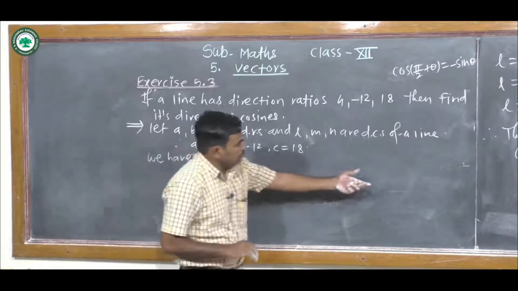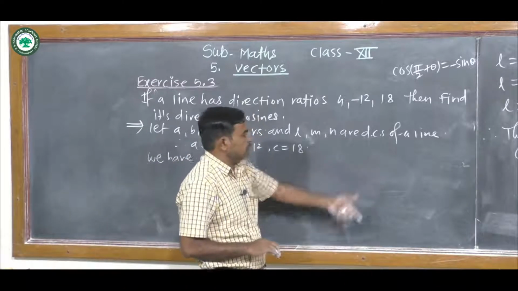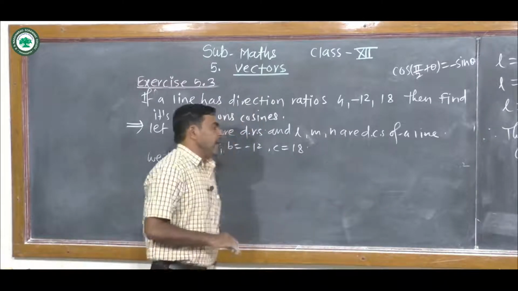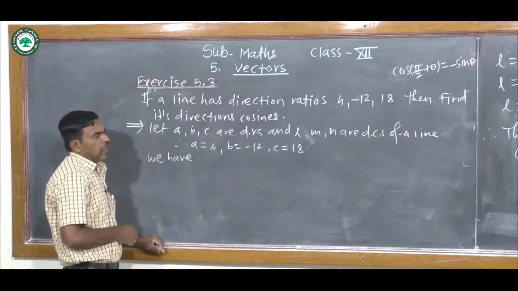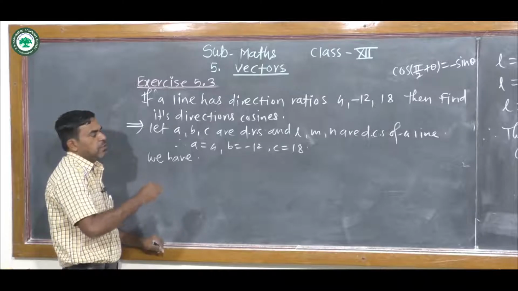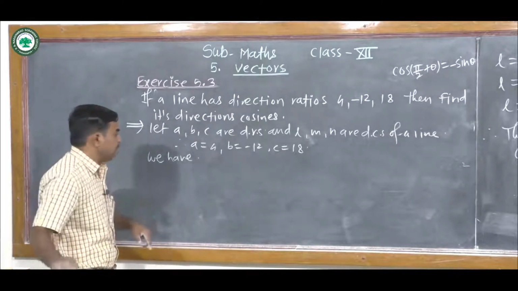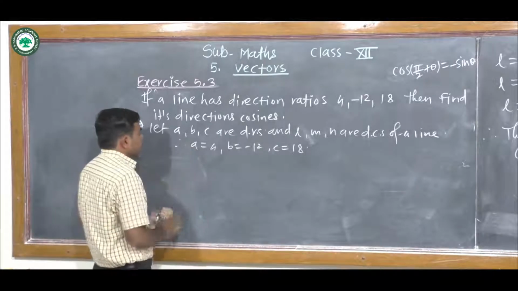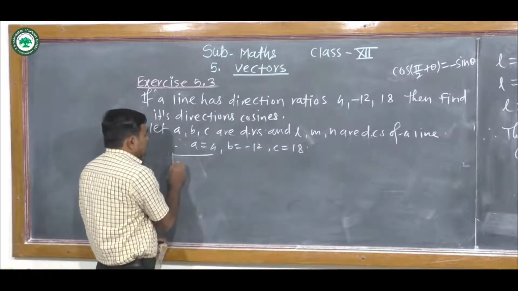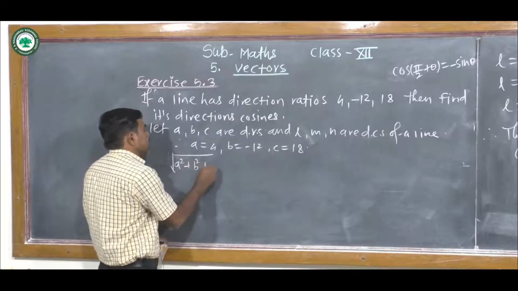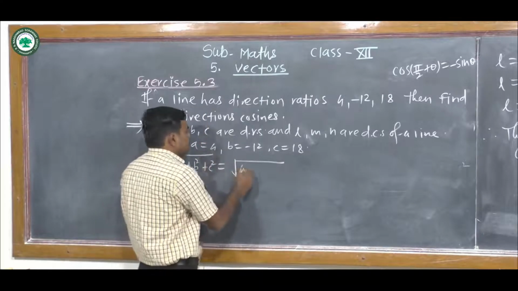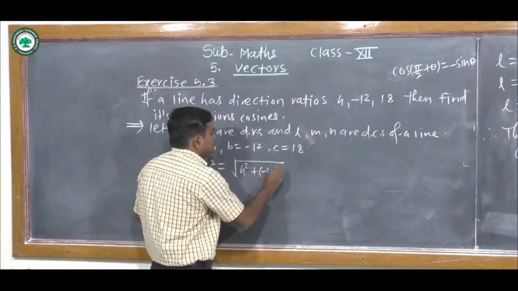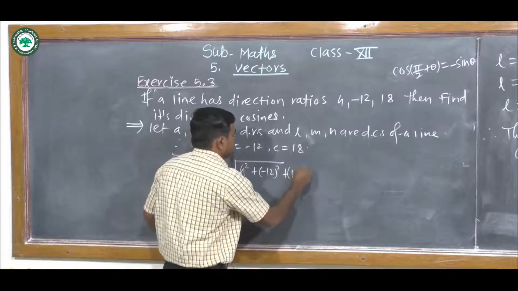As I have written the formula, means relation between direction ratios and direction cosines, in every direction ratio we require square root of a square plus b square plus c square. So first we find that, that is square root of 4 square plus minus 12 square plus 18 square.